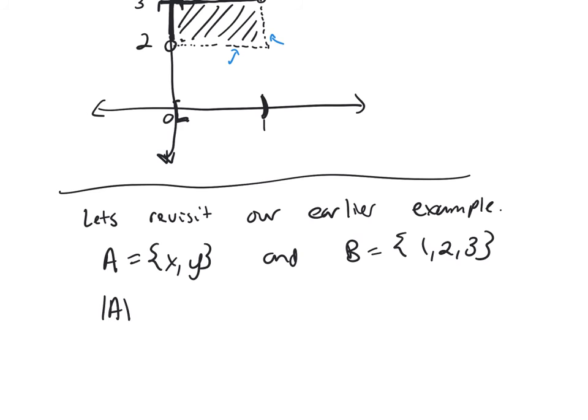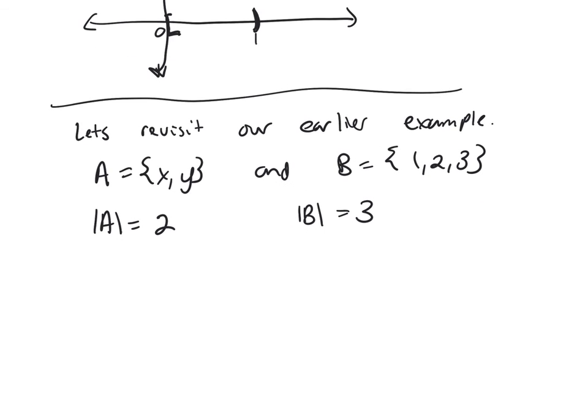If I ask how many elements are in A, you would tell me 2. How many elements are in B? There are 3. And if you look back at our previous example, how many elements did we find in A cross B? There were 6.